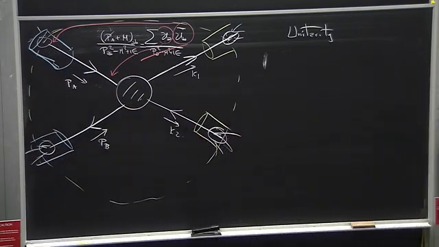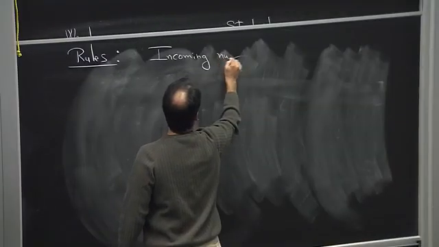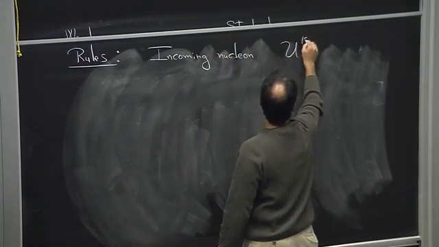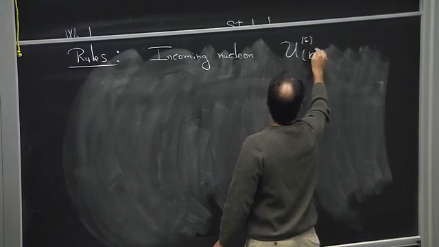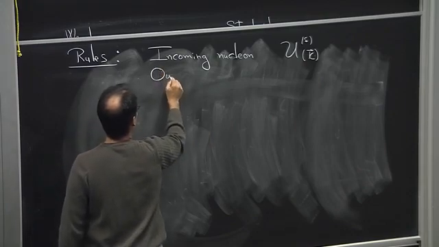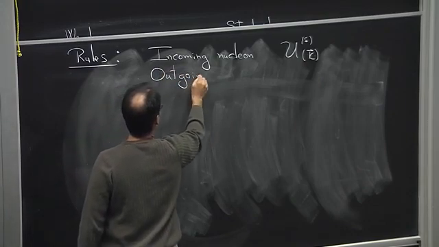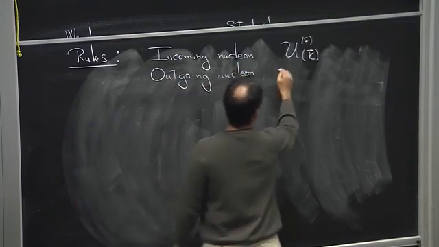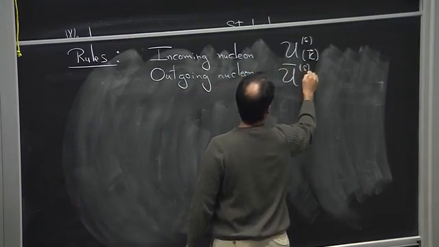So what are the rules? If we have an incoming nucleon, we will multiply by u. If we have an outgoing nucleon, we will have this guy.